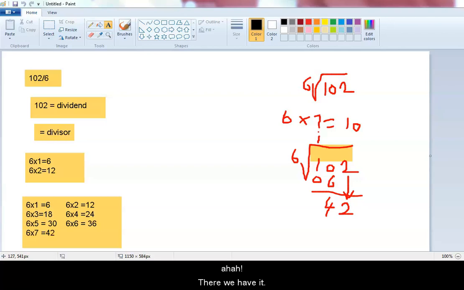Aha! There we have it. The answer is going to be 7. 6 multiplied by 7 gives 42.